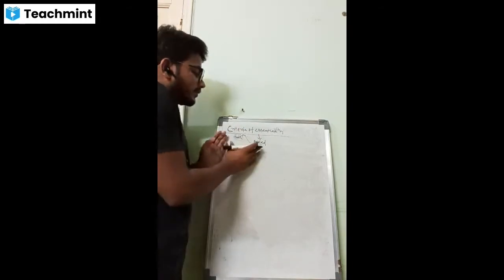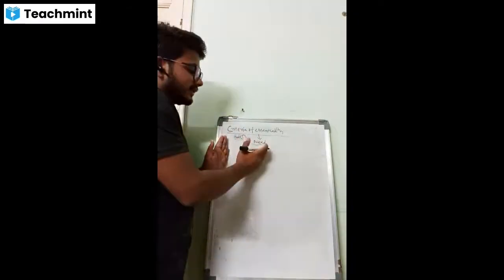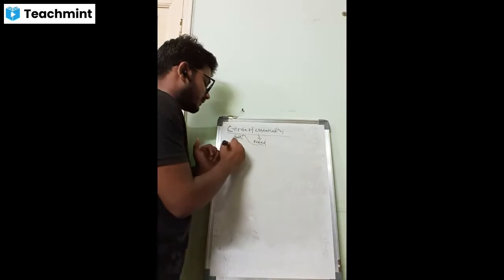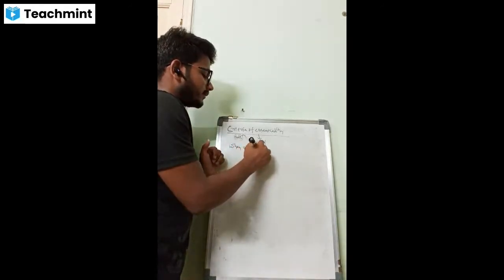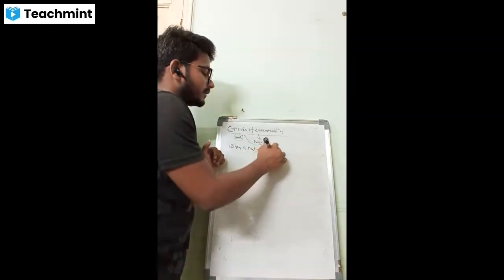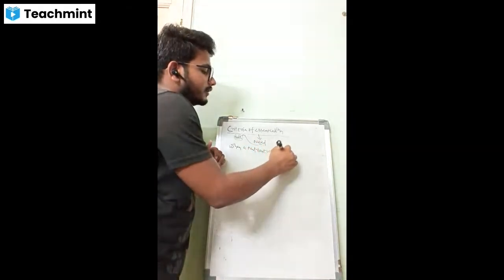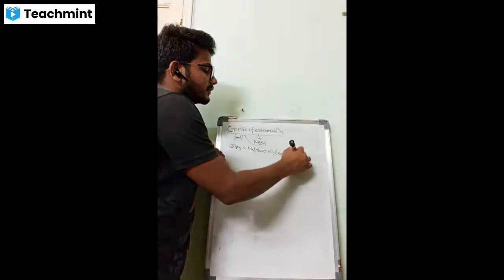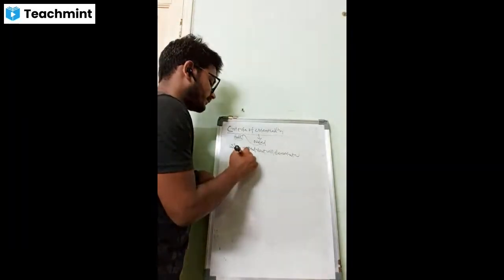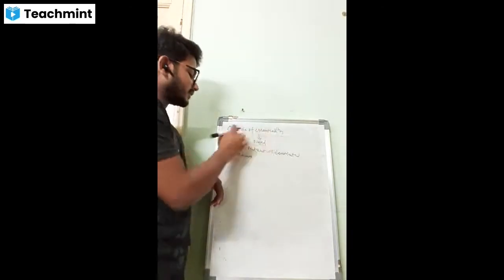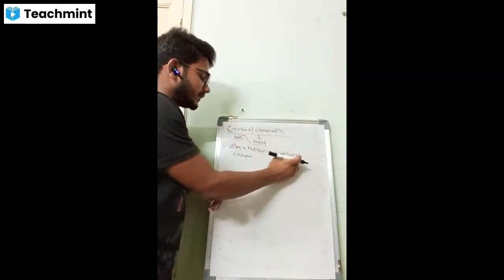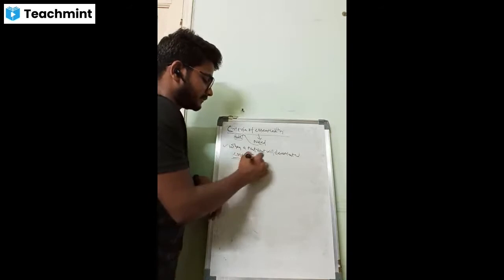What is the criteria of essentiality? Criteria for essentiality is nothing but when a plant nutrient will be denominated as essential.